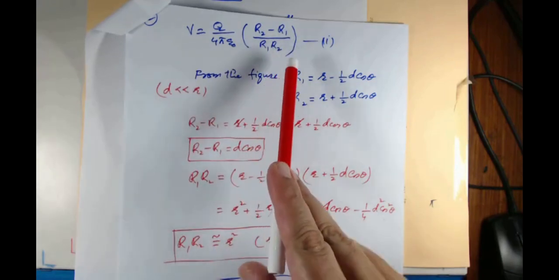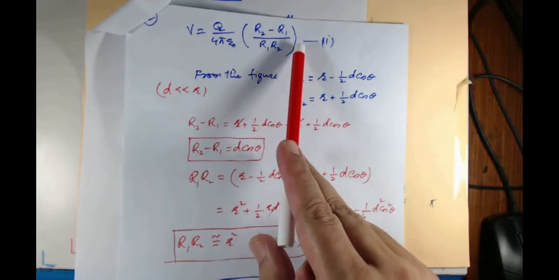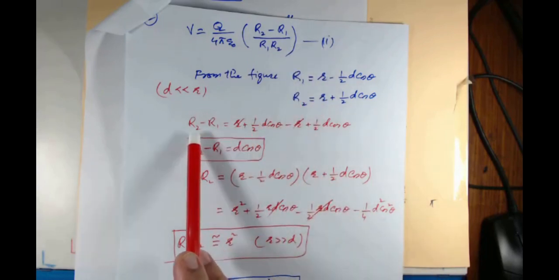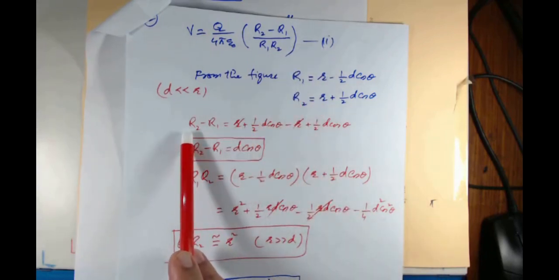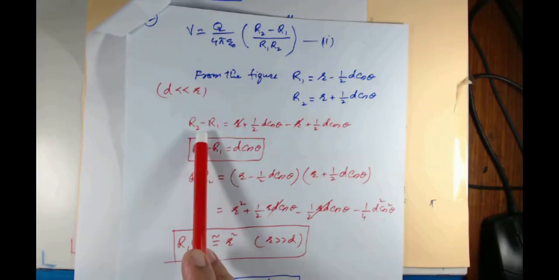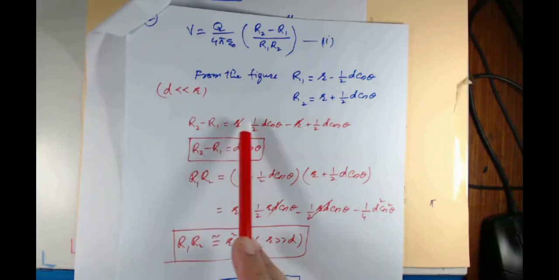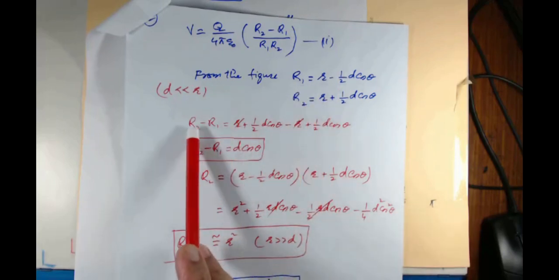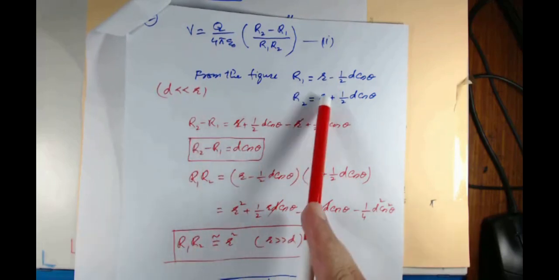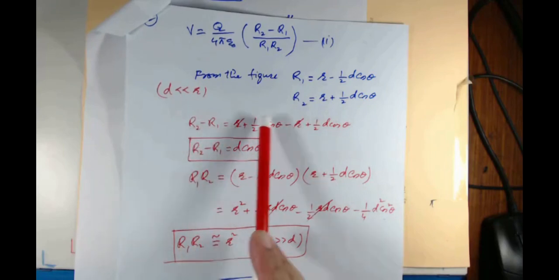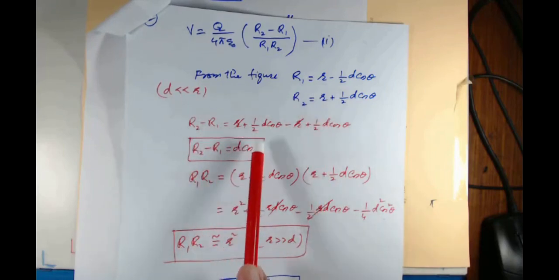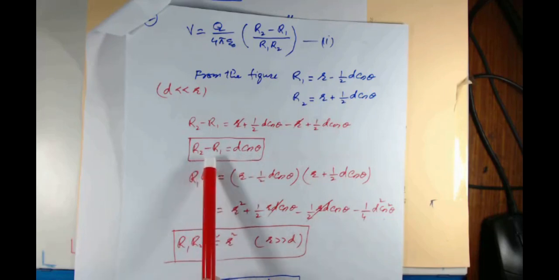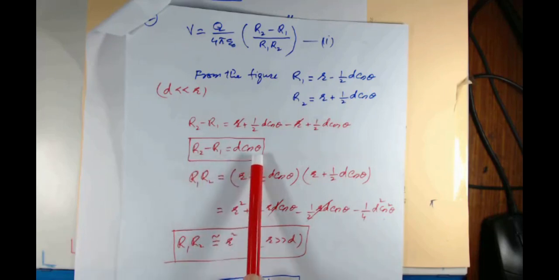To define the approximate solution of equation number 1, let us first define the difference between the capital R2 minus R1. By inserting the expressions of R2 and R1 in this relation, we finally come across R2 minus R1 equal to d cosine theta.